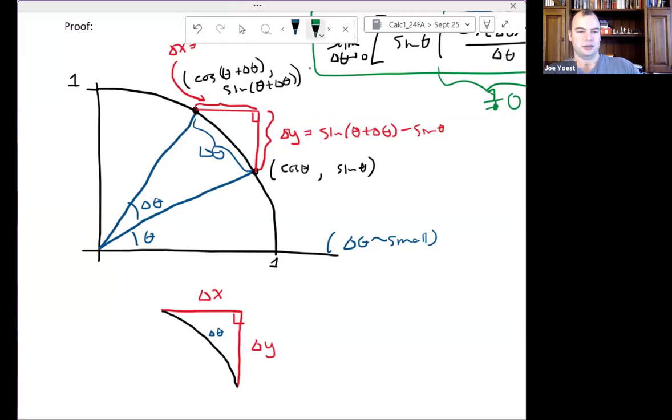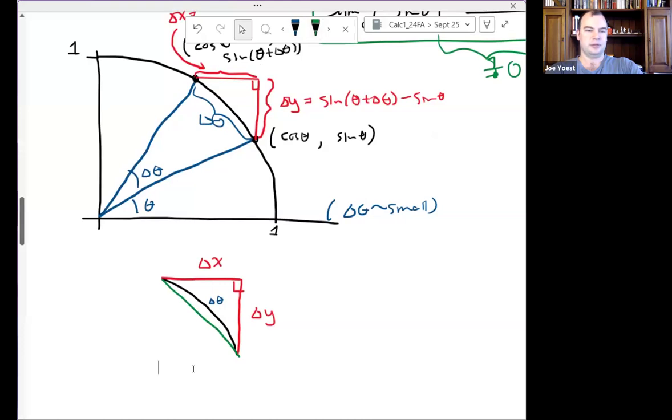I could construct a triangle by connecting these 2 points with a straight line. So the two red sides and the green straight line do actually make a triangle. The two red sides and the black curve don't quite make a triangle. However, if delta theta is small, well, this arc doesn't deviate much from this green line.